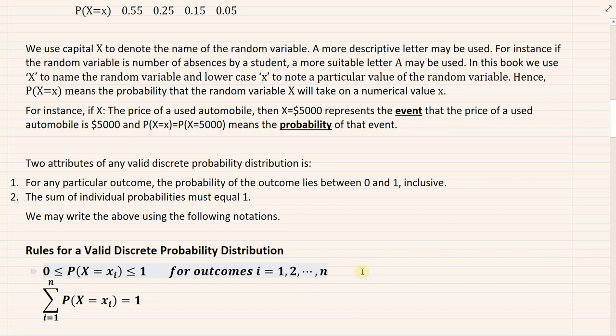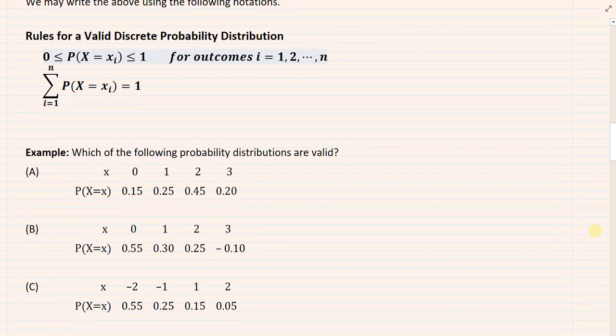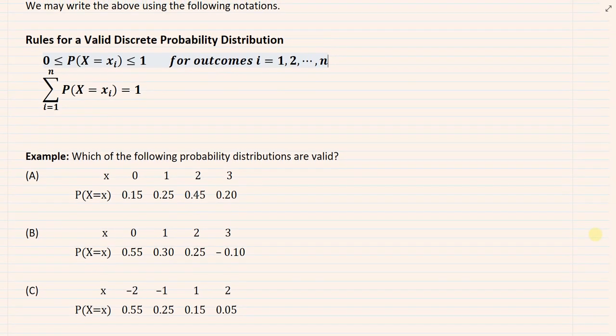We have to make sure that they add up to 1. So here I have these examples. I won't show you the answers yet. I made up 3 examples, and let's see which of these are valid and which ones are invalid.